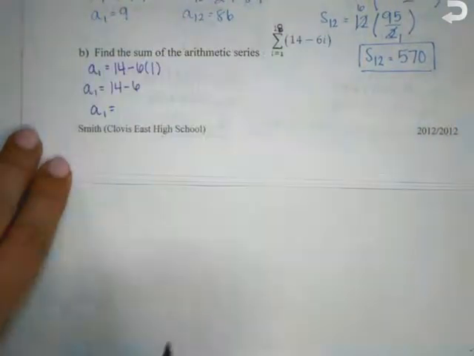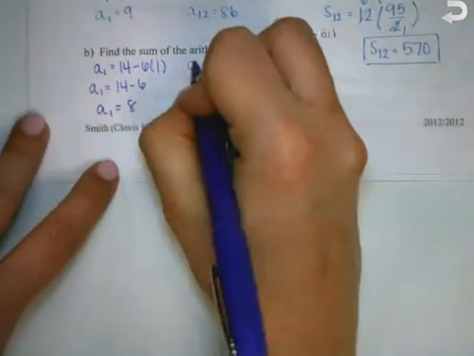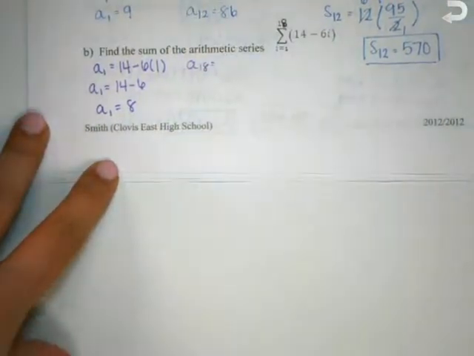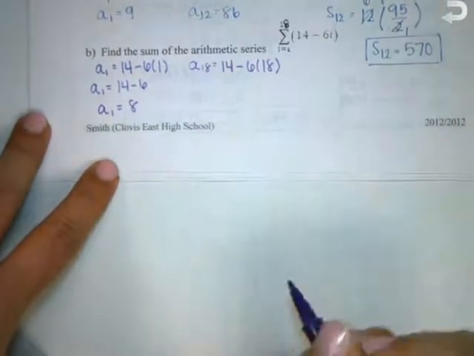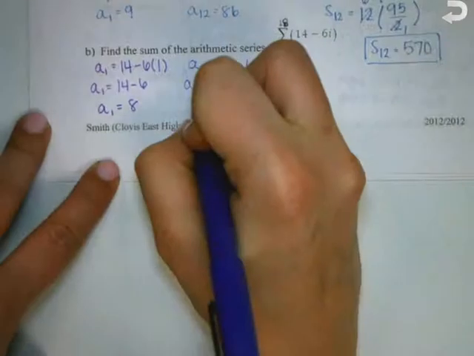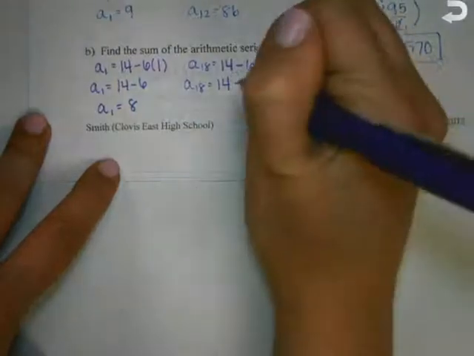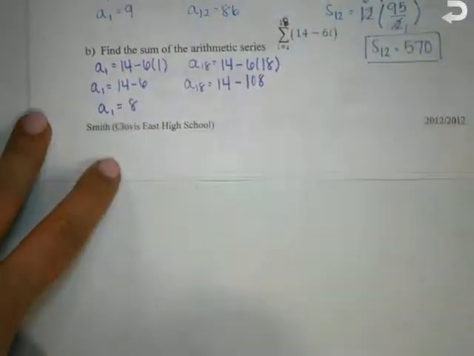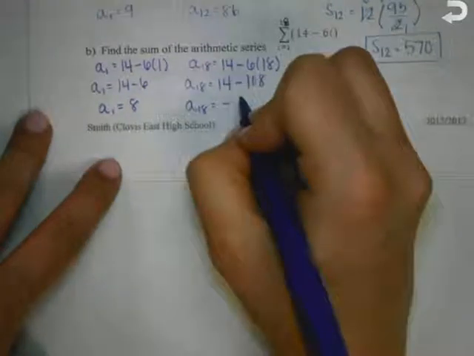That's 14 minus 6 times 18. So a sub 18 is equal to 14 minus 108, which gives me negative 94. So far so good? Okay, so we take these and plug them back into the formula for the sum.